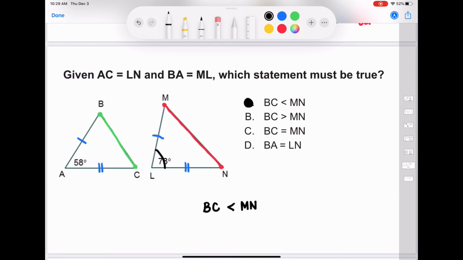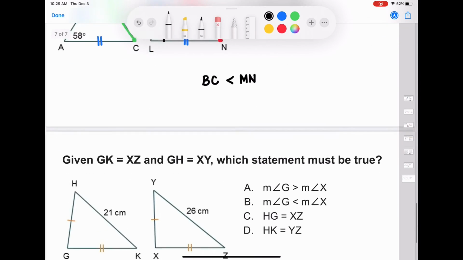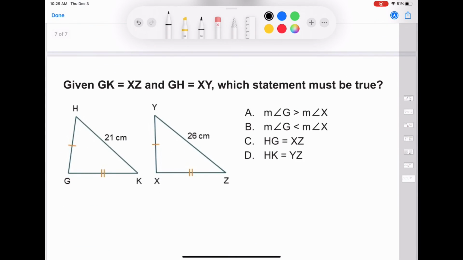Let's look at the final problem. This problem says, given that GK is equivalent to XZ and GH is equivalent to XY, which statement must be true?